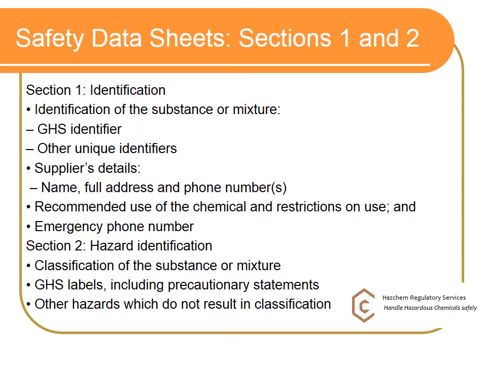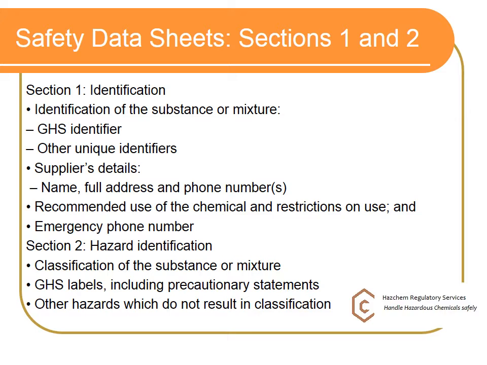Safety data sheet sections 1 and 2. Section 1. Identification. Identification of the substance or mixture. GHS identifier. Other unique identifiers. Supplier's details: name, full address and phone numbers.